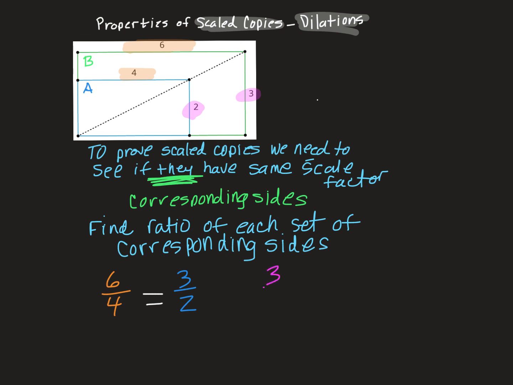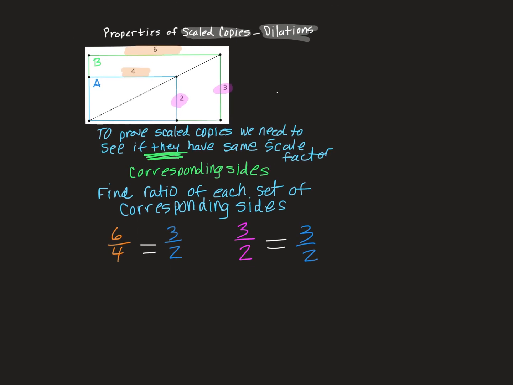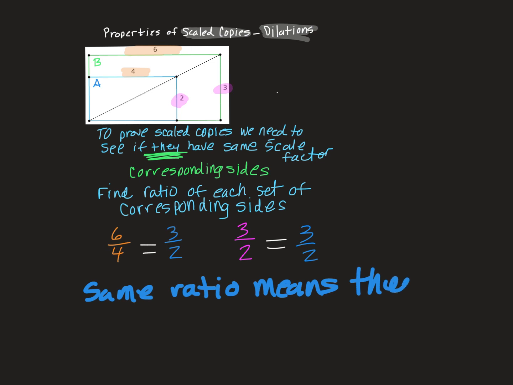So 3 over 2. Does 3 over 2 even simplify to anything else? Lower more than 3 over 2? Sure doesn't. Okay, so because it's the same ratio, that means they are scaled copies.